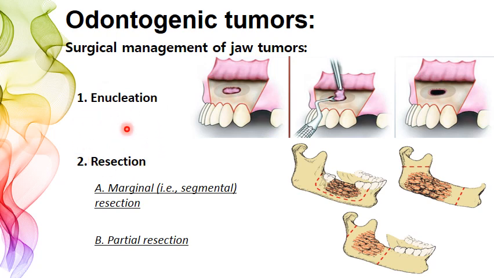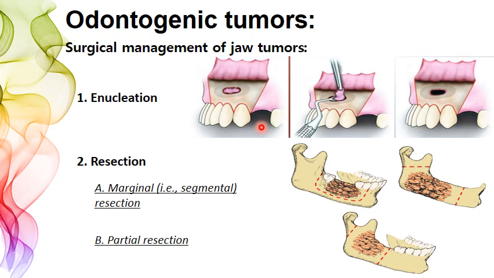What is enucleation? It is the local removal of a tumor by instrumentation, where the instruments are in direct contact with the lesion. Used in a variety of benign odontogenic tumors. Sometimes with the enucleation, I will need to do a curettage.